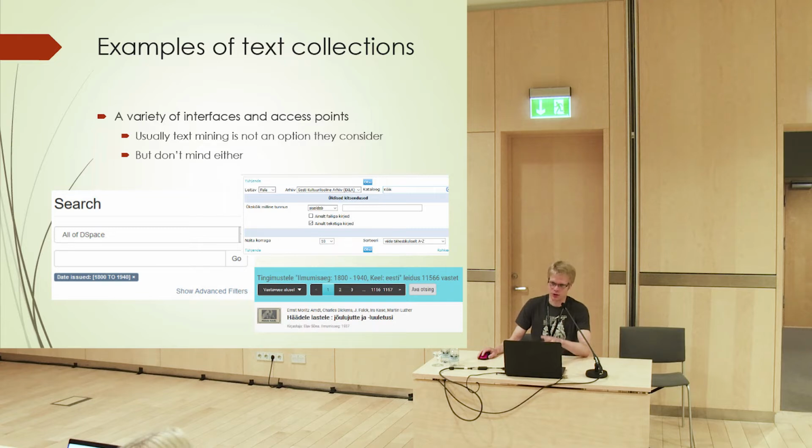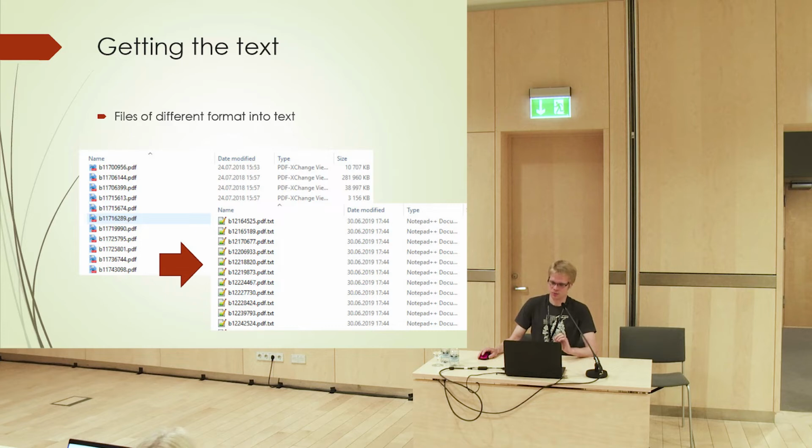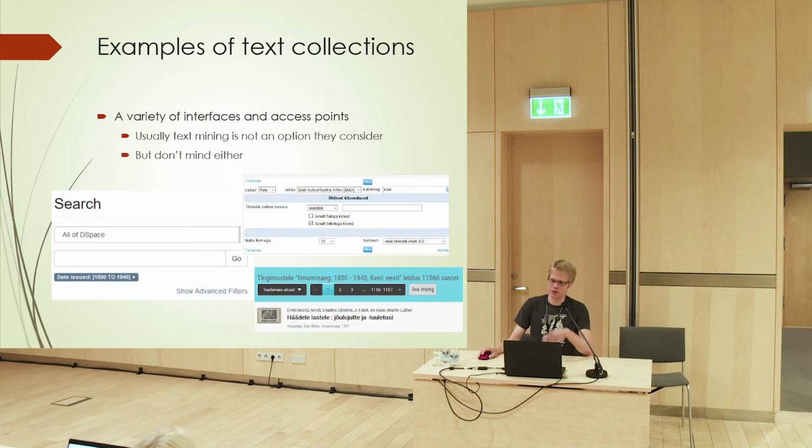So if I want a collection of texts that exists but hasn't been made into corpora, getting it from all these different archives actually takes a lot of work. Then you probably will get a lot of PDF files. These texts have been automatically character recognized, so they have the picture and the text on top of it as well.